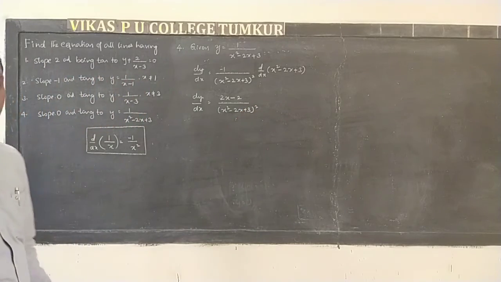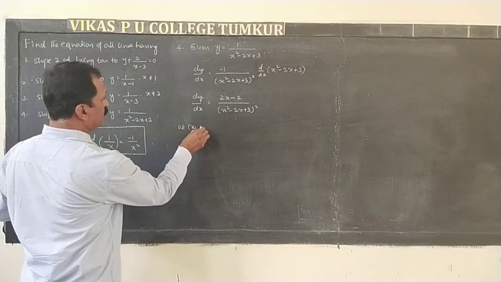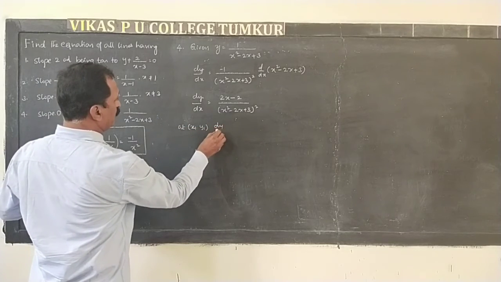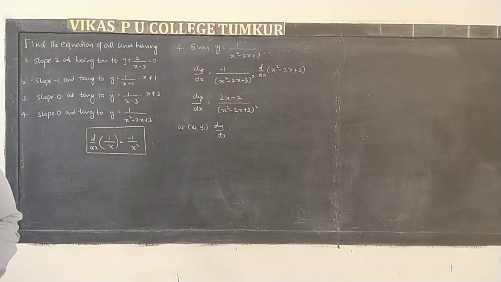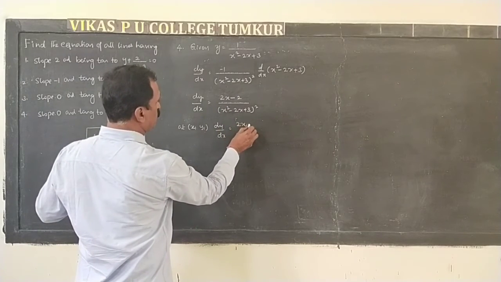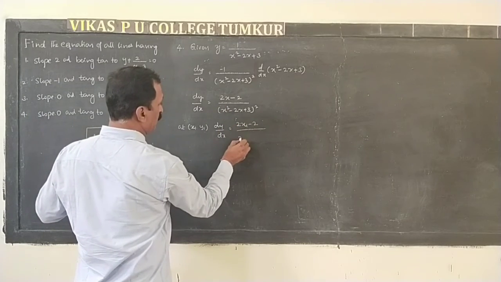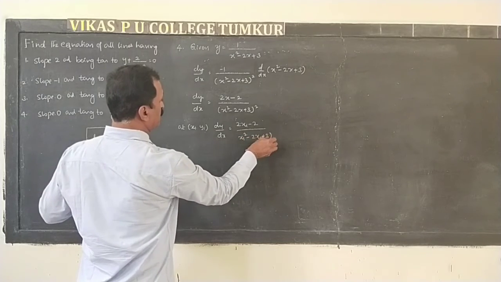Correct enough? At x1 comma y1, dy by dx should be equal to 2x1 minus 2 divided by x1 square minus 2x1 plus 3 whole square.